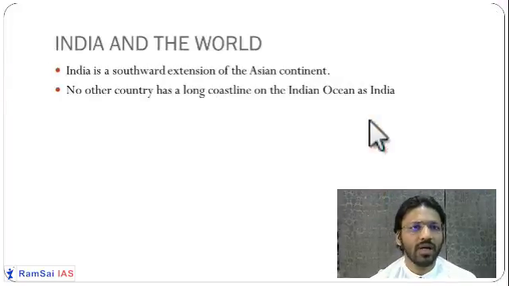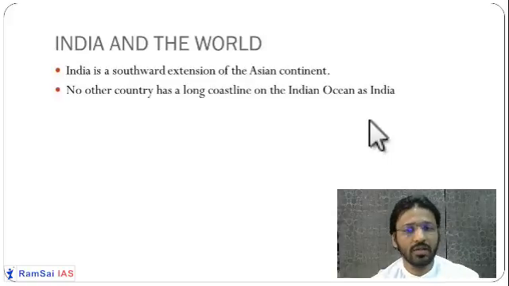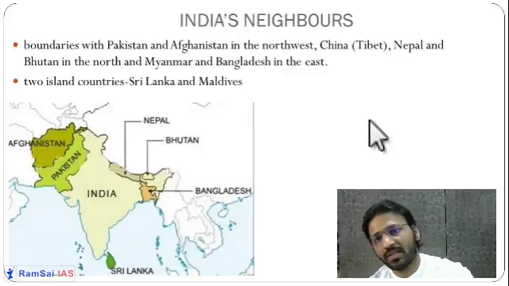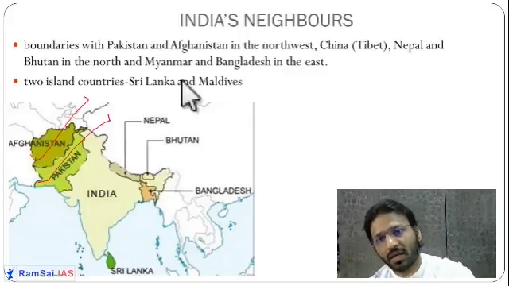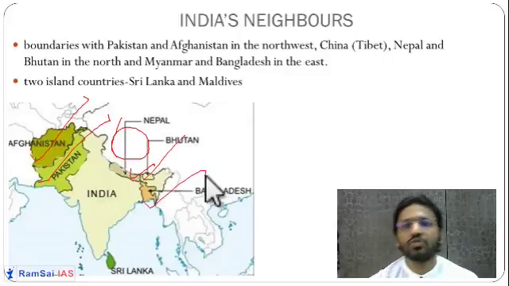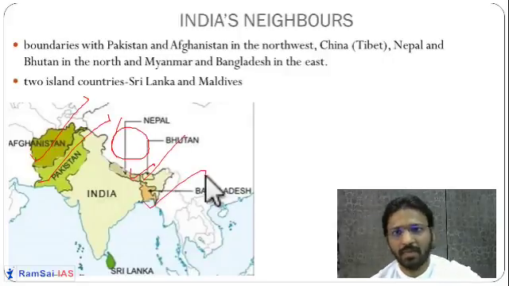In terms of the world, India has various neighbors. We have island neighbors in the Indian Ocean and territorial neighbors. Our neighbors are Afghanistan, Pakistan, China, which we can say Tibet, Nepal, small Bhutan, Bangladesh, and Myanmar.